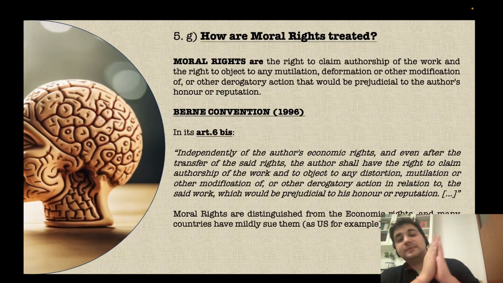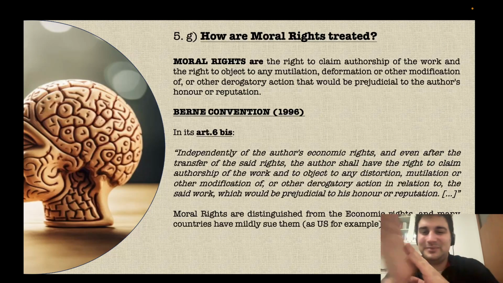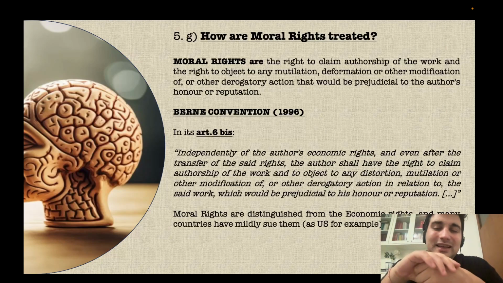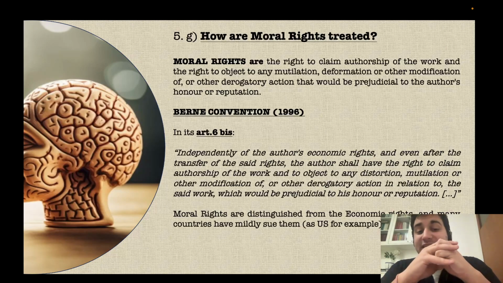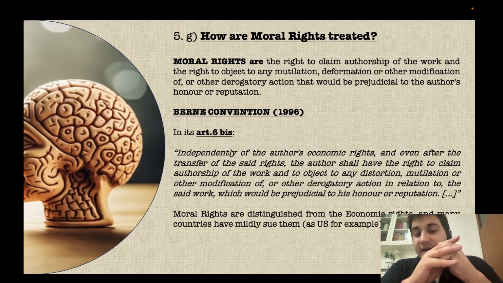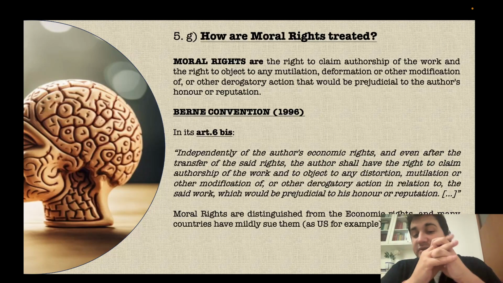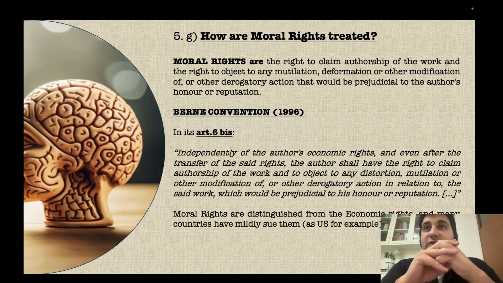Now, a last important part, which is from the Berne Convention of 1886, unless I make a mistake there, is the moral rights. The moral rights are seen in Article 6 bis of the Berne Convention and are considered, as we say, the authorship right and the right to object to distortion, mutilation, or modification that could be derogatory or prejudicial to the honor or reputation of the author.